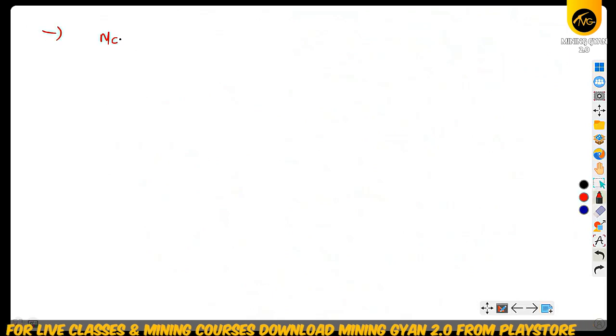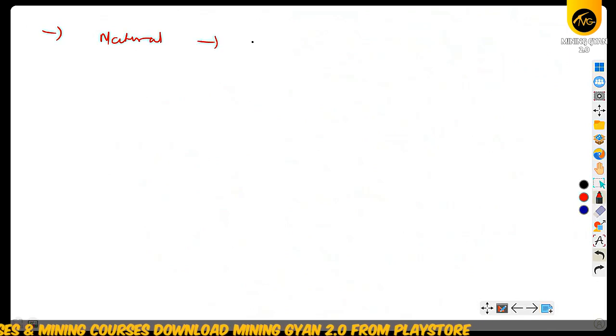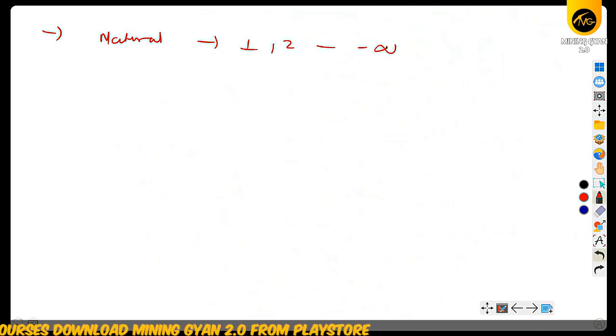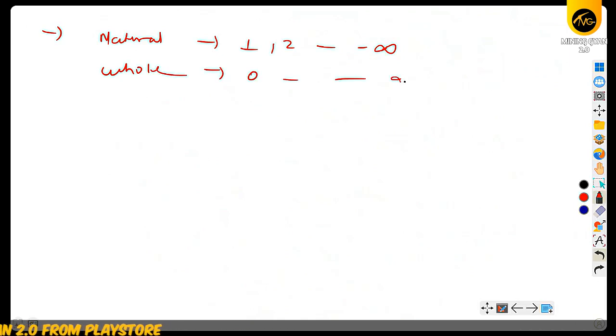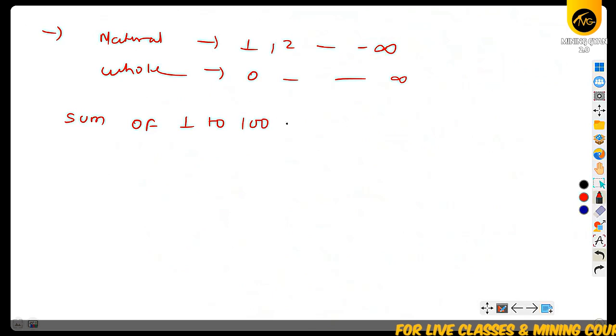Now, for this portion, let me remind the class what we already discussed in the number system portion. We already know the natural numbers, that is 1, 2 and so on to infinity, and whole numbers, that is 0 to infinity. Correct. Now we have already discussed the sum of 1 to 100 natural numbers, right?